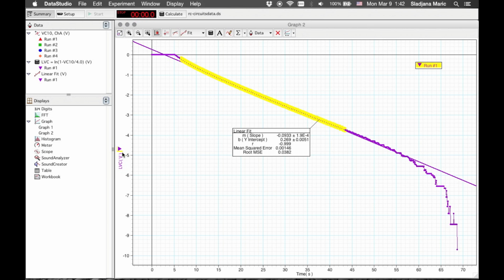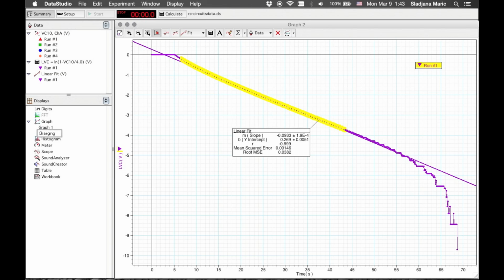Once you're done with this, you're going to name this graph simply by clicking here once and another time, and then so this is charging.